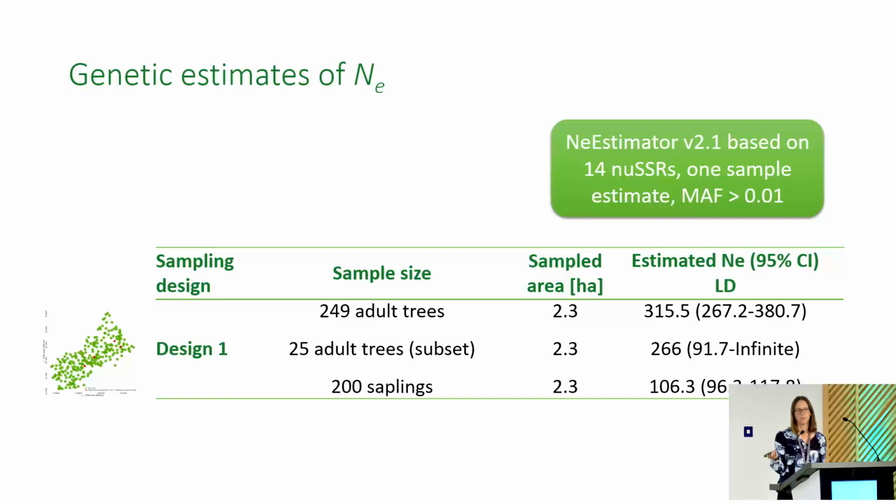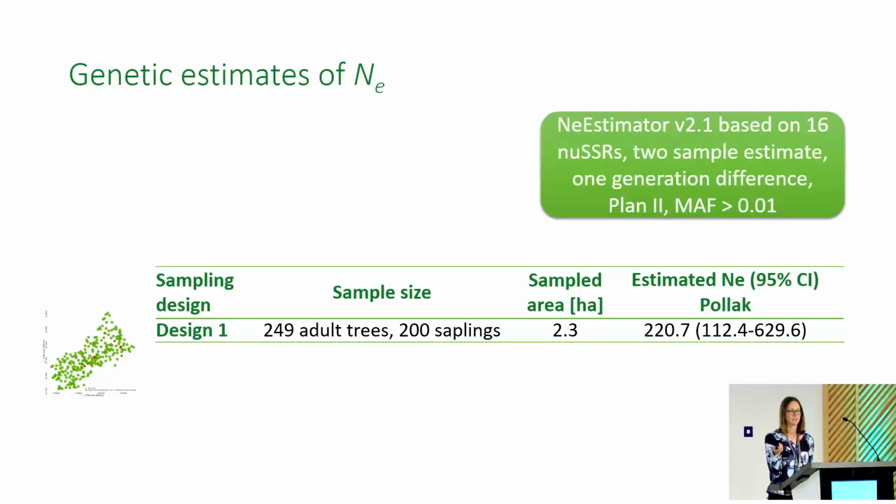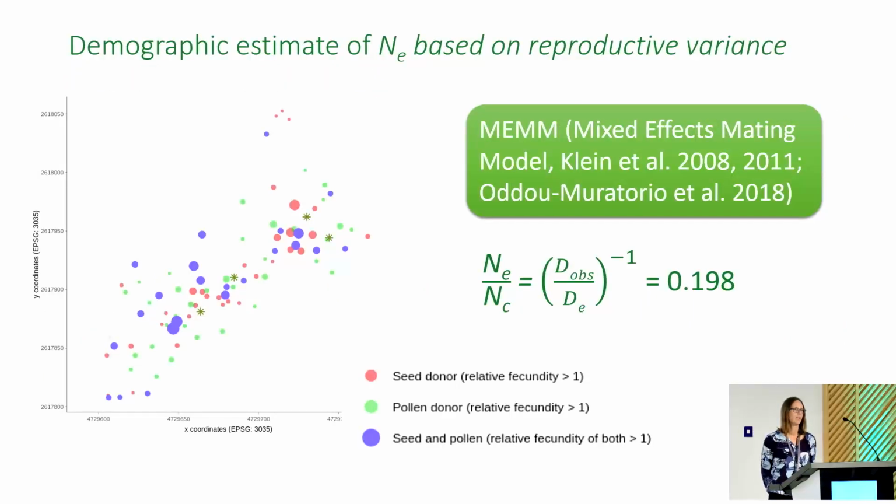Here we used 14 nuclear microsatellites. The temporal method gives us the same kind of results, and the estimation based on reproductive variance is also very similar to what we got for beech, 0.2.